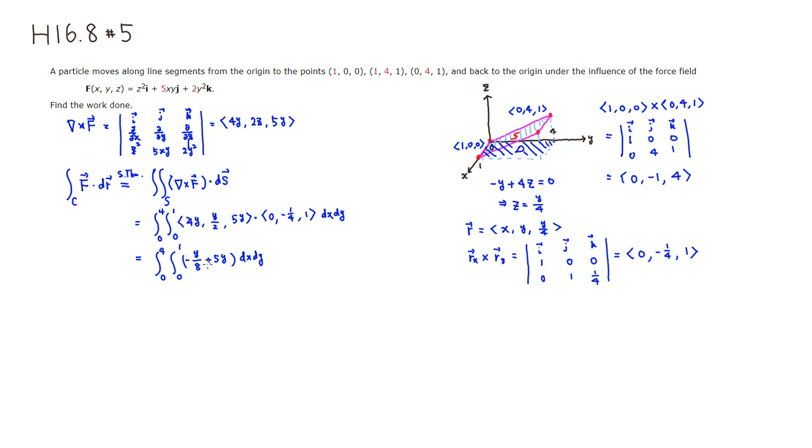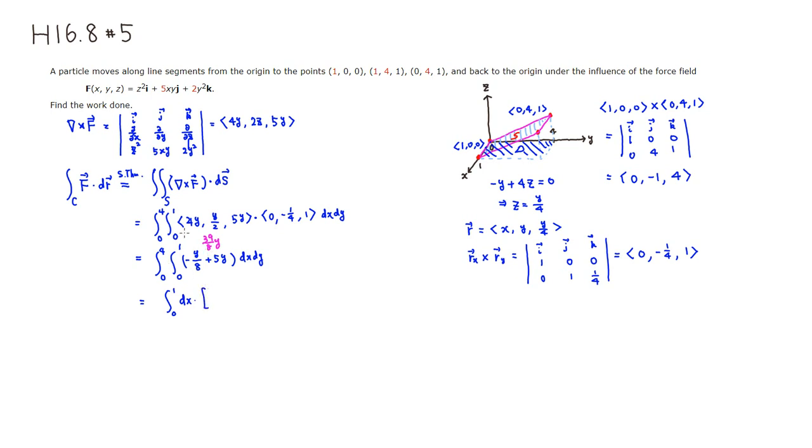So what's this? 5 is the same thing as 40 over 8, so you have 40 over 8 minus 1 over 8, so you have 39 over 8 y. I'm going to separate this. It has nothing to do with x, so we have x from 0 to 1 dx, multiplied by the y part.